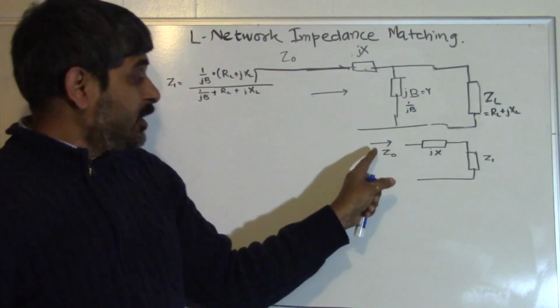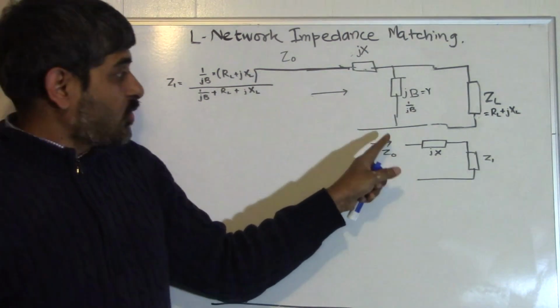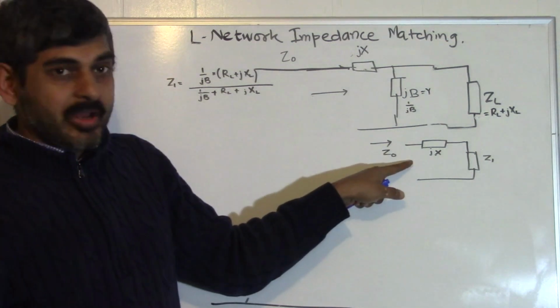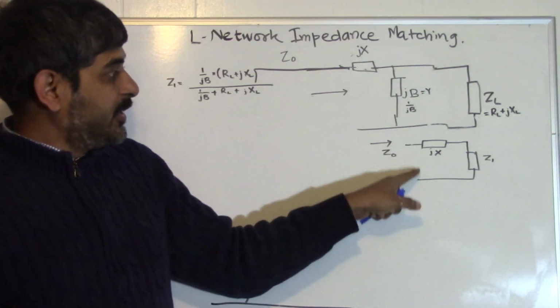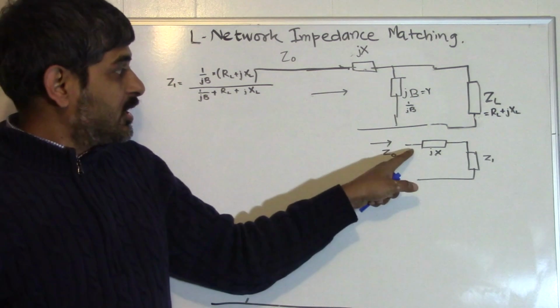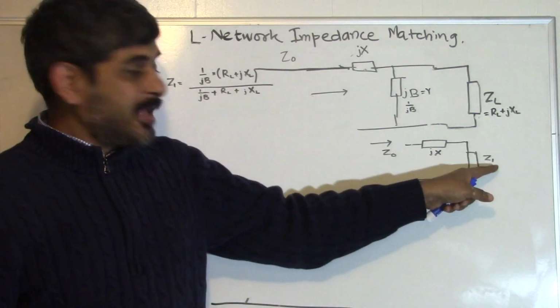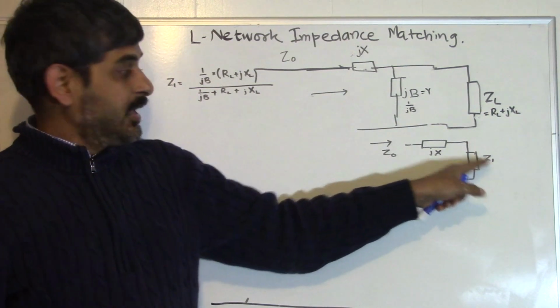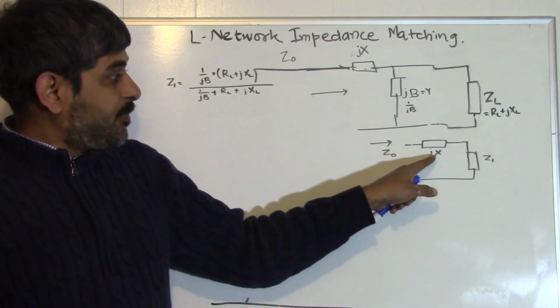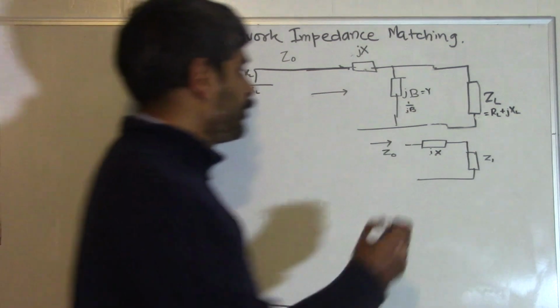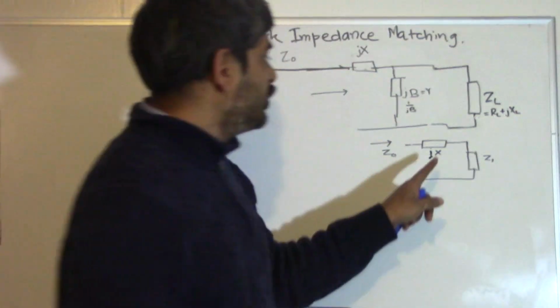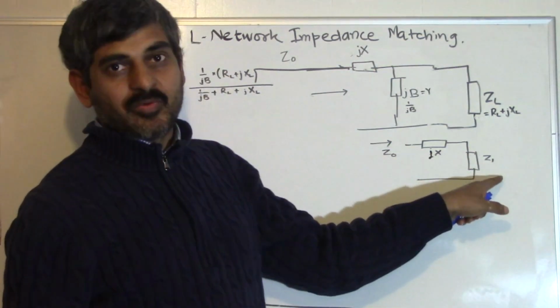Now, in order that this whole thing, looking from here, should have an equivalent impedance that looks resistive, we must have the imaginary part of Z1 equal to minus jX, because eventually we are going to add jX plus Z1.